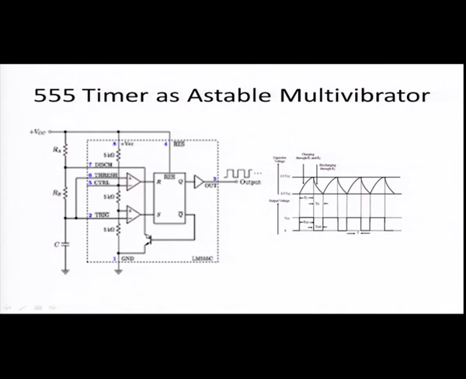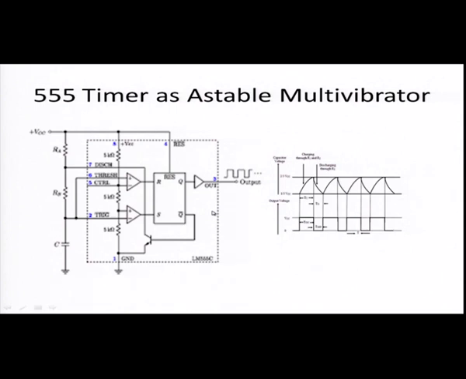The discharge transistor's collector terminal is connected in between the resistors RA and RB, and the remaining connections are one and the same as the monostable multivibrator, and there is no trigger present here. For monostable multivibrator, we have given an external input called trigger, and it is a negative trigger, but the astable multivibrator is otherwise known as a free running oscillator.